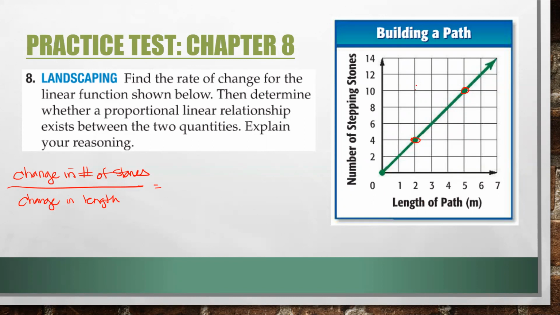So from 4 to 10, that's 10 minus 4. And then the change in the length would be from 2 to 5. So that's 5 minus 2. So that would be 6 over 3, which is equal to 2. Okay, so that means there's 2 stones for every meter.